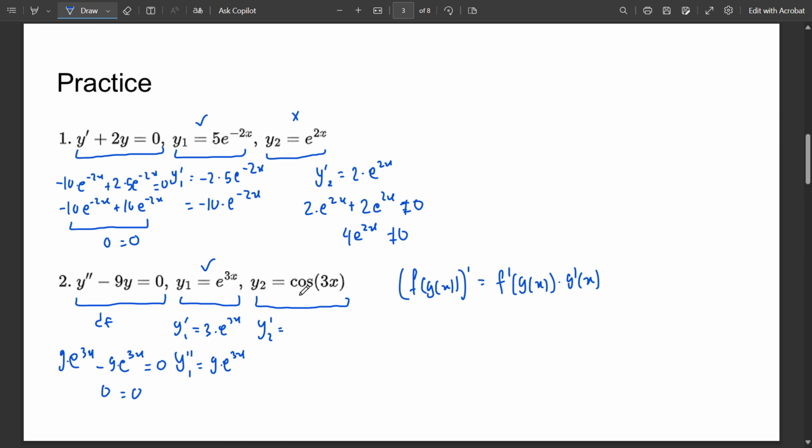So the derivative of cosine is just negative sine of 3x, and then we have times the derivative of the inside, which is just 3. So we have negative 3 sine of 3x.